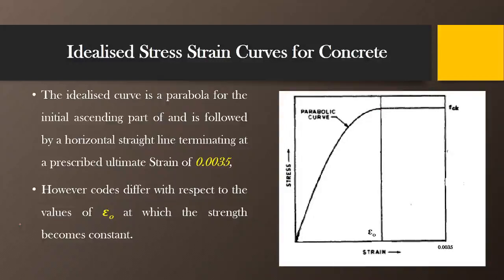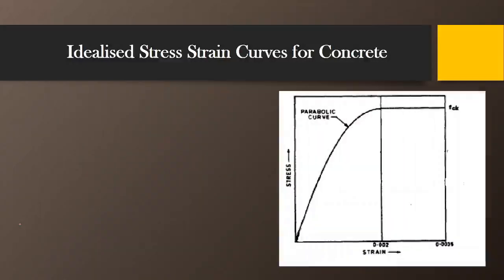As per IS 456, this particular strain is taken as 0.002, just like a 0.2% proof stress.